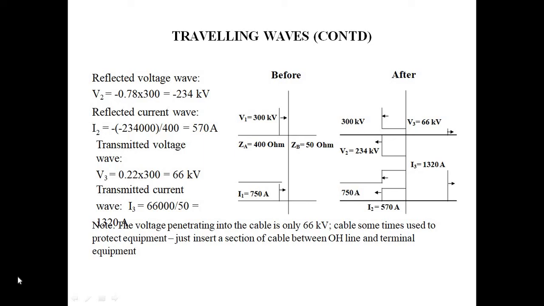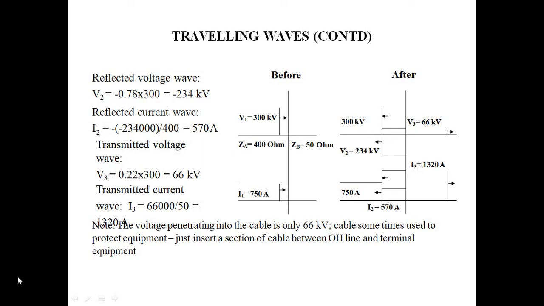The diagram will be represented for before and after. So before, V1 is equal to 300 kV, ZA is equal to 400 ohm, ZB is equal to 50 ohm, then I1 is equal to 750 amps.